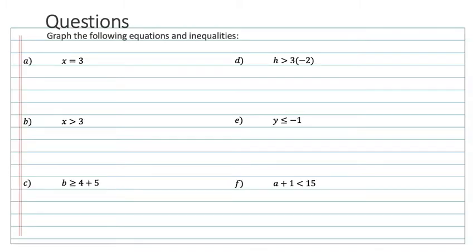Now doing a few questions, let's graph a few of these equations and inequalities. So x equals 3, drawing my number line. We'll say 3 is here, and x equals 3. Drawing another number line.